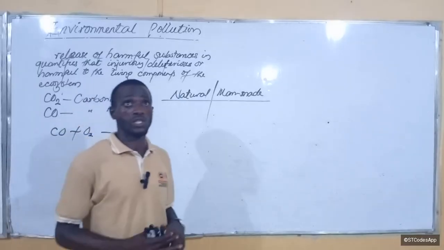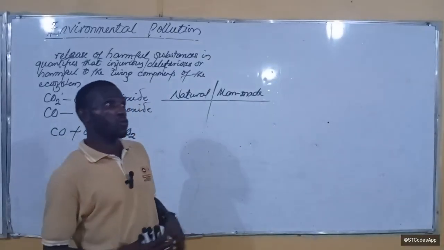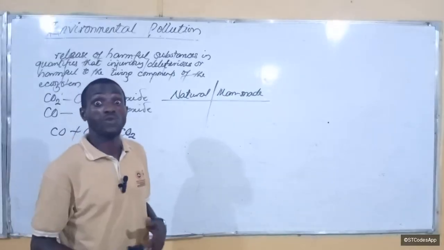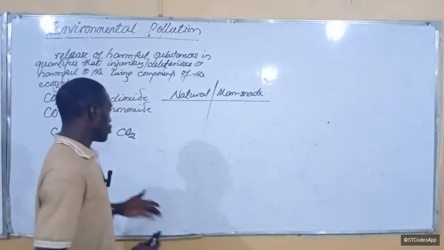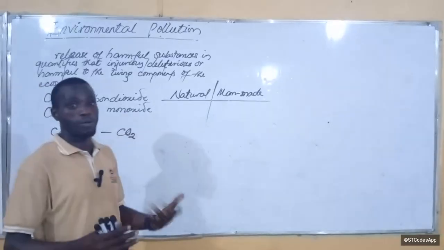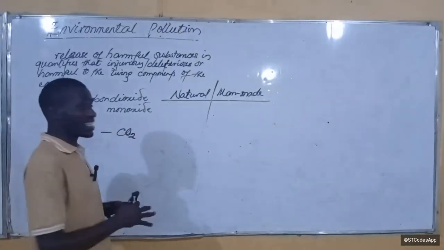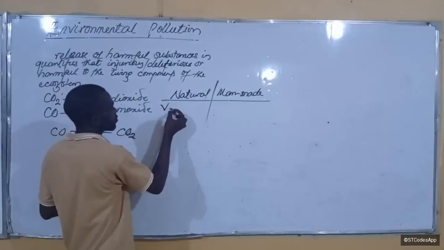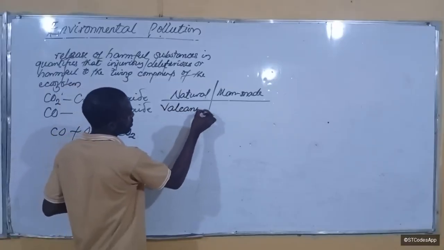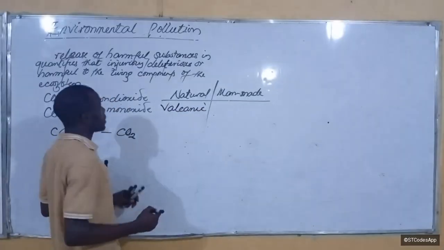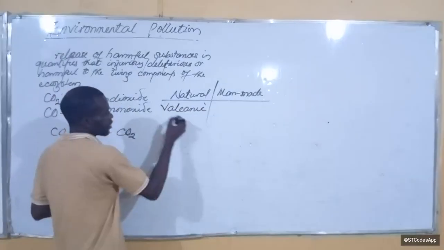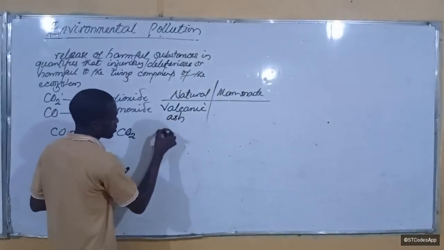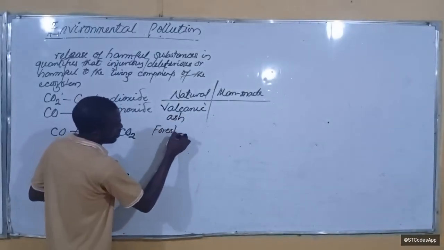Trees help in the sequestration of CO2, and when they burn up, they won't be available for carbon sequestration again. So they act as what we call a carbon sink. So that is a natural pollutant. We talked about volcanic ash and forest fires.